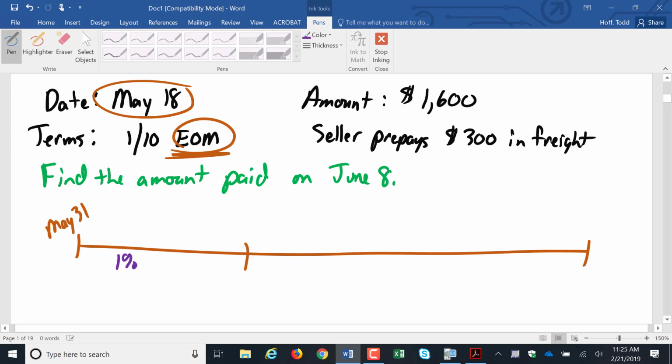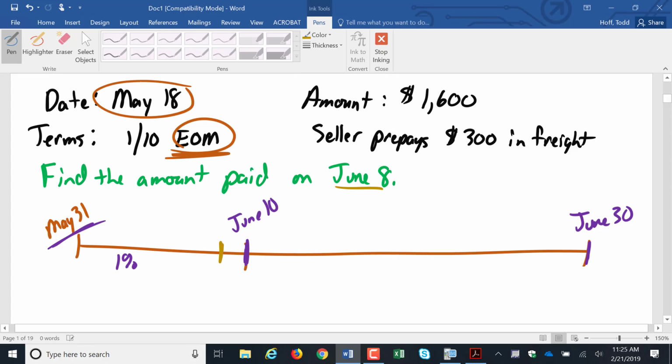This 1% discount period is going to end June 10th. It's always that 10th or the 5th, whatever it is, if it's a 1/10 or a 1/5 of the next month. The credit period then ends on the 30th. So that's always very simple to find those dates once you find the effective date to start the timeline.